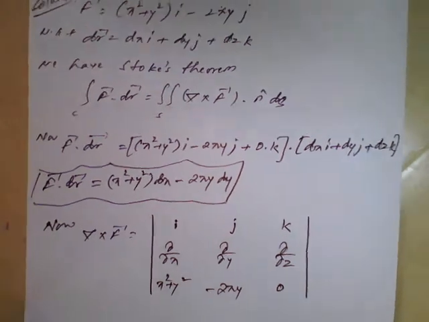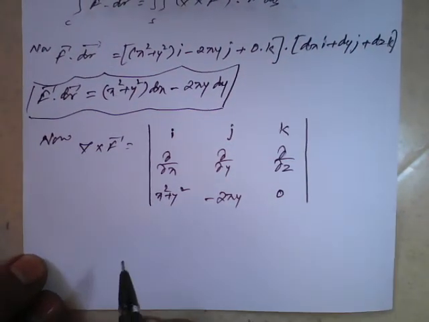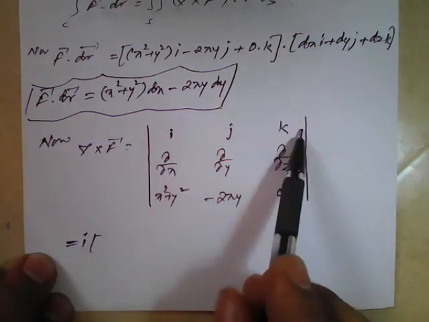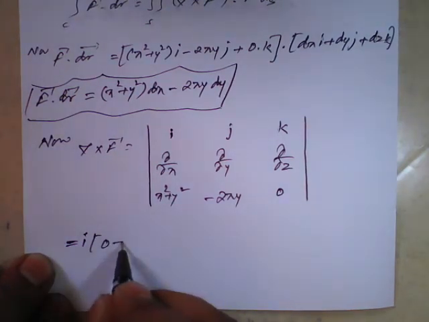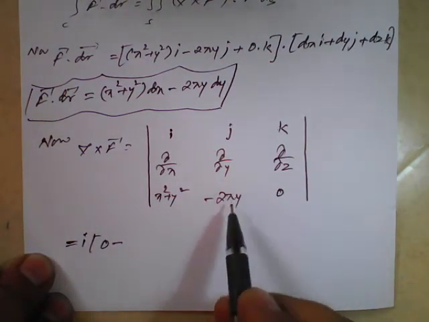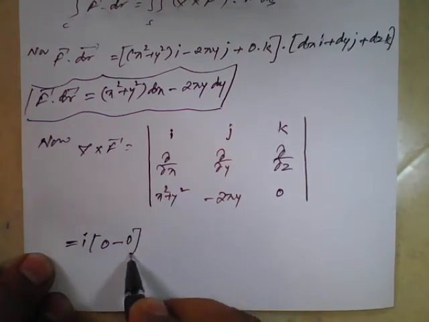So on simplification, we'll get this as i times, first row, first column you have to hide, dou by dou y of 0 is 0, minus dou by dou z of minus 2xy, because there is no z term, constant, differentiation of a constant with respect to z is 0.